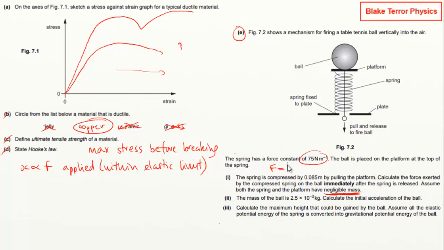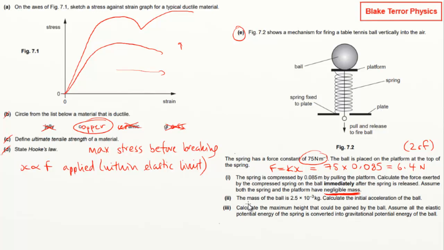So we can use our F equals Kx. The K is 75. The x is 0.085. We're still working to two significant figures here. Putting all that in, we've got 6.375, so 6.4 newtons to two significant figures.